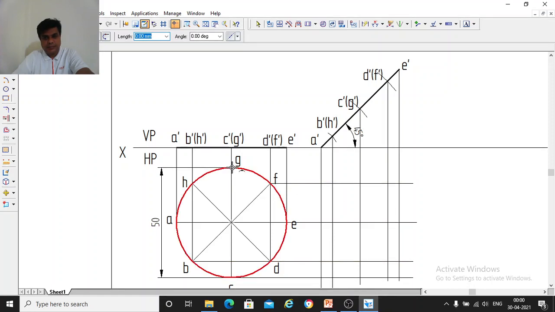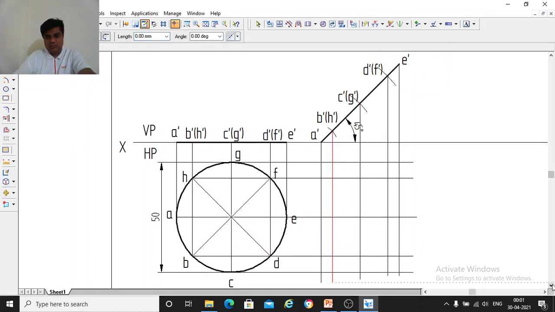Then from G you draw the horizontal line. Then from H, anyway this H is there, it will be same as F. So from all these points you draw the horizontal line, and now you get the new points in top view, that is A, B, C, D, E, F, G, H.